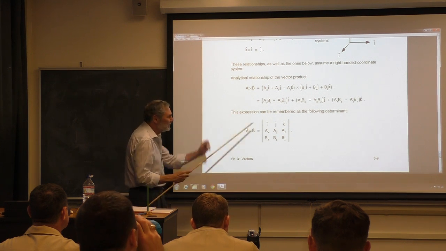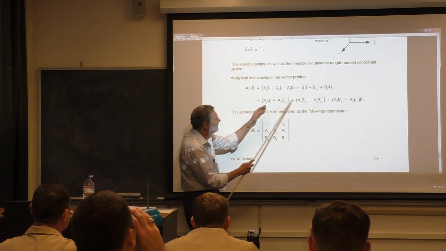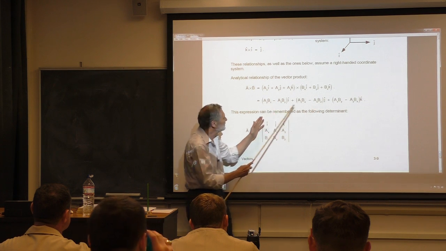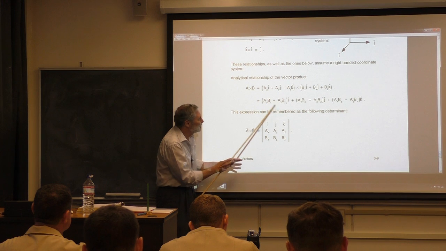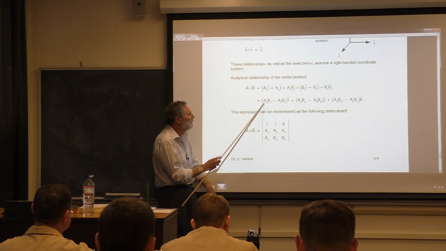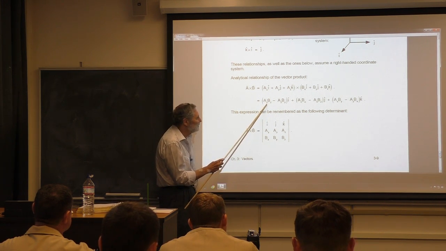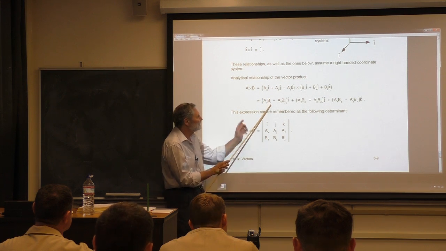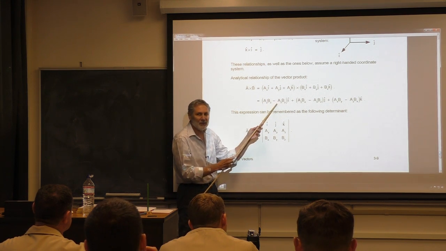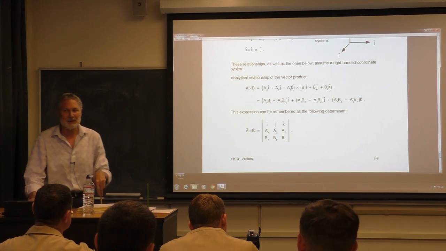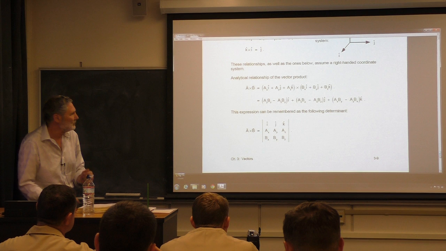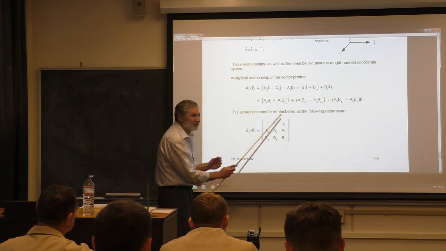If you think about it, these are cyclically permuted terms here. You'll notice in the i direction, we just have y and z down here. And you can see it's A_y B_z, and then it's the flip, A_z B_y. There's order hidden here. But it's easy to make a mistake if you try to memorize this. You could be off by a sign, for example.